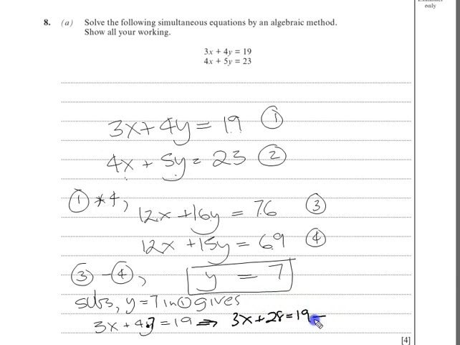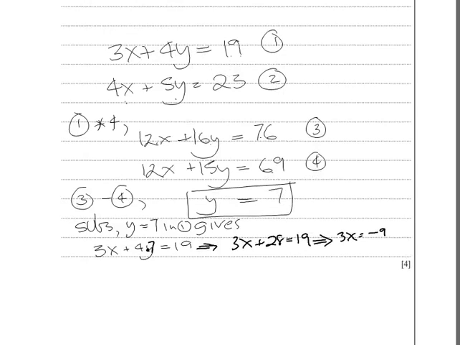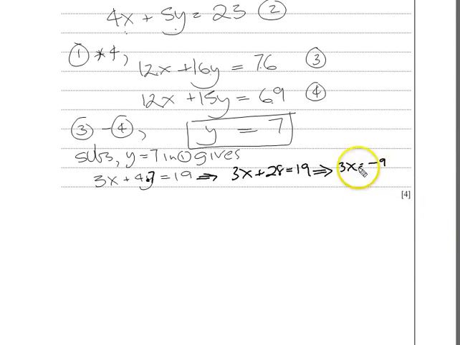Now what I'm going to do is move the 28 across the equals, and it becomes minus 28. And at the same time, I'm going to cut a corner here. 19 take 28 is minus 9. So I get 3x equals minus 9. What I'll do now, I'll just squeeze it in under here. 3x is minus 9, and then I'll divide by 3 both sides.